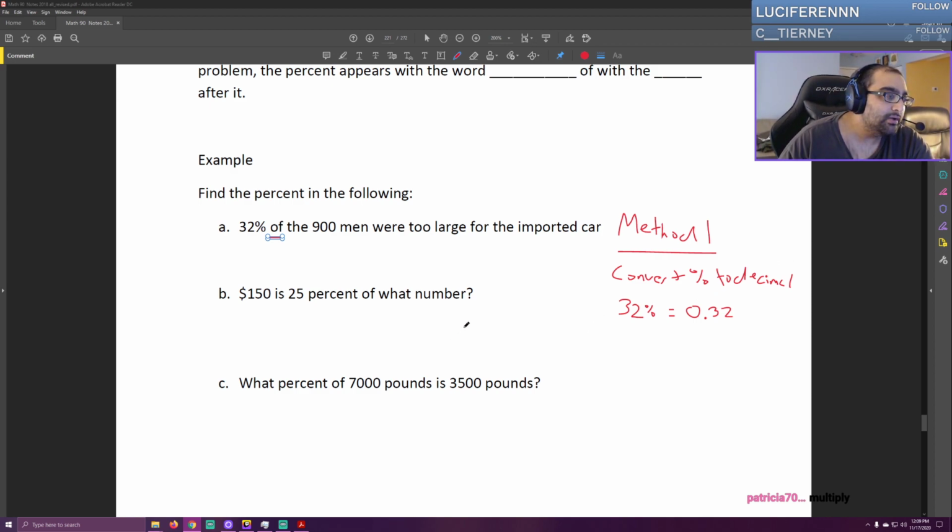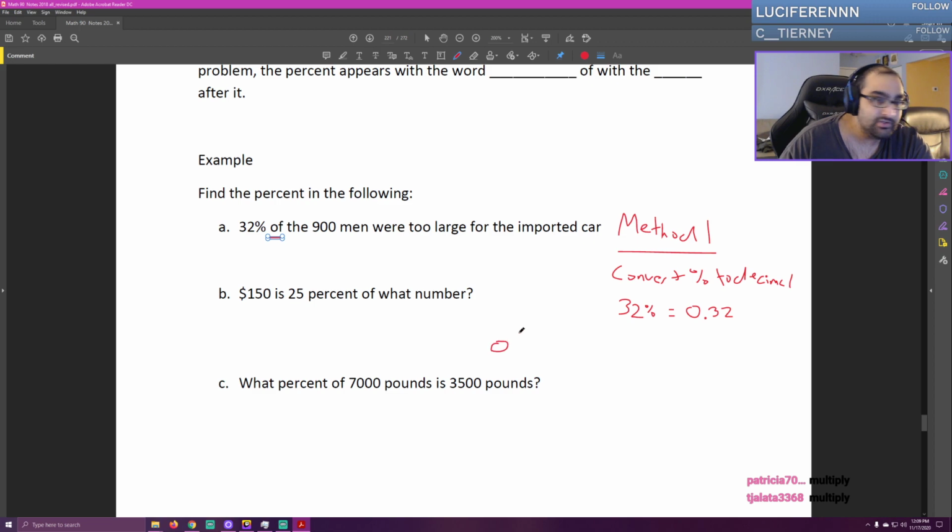So one of the things that we did talk about is that of means to multiply. Our mundane word of, in math language anyway, means to multiply. So what we have here is 32% or 0.32 of, which would mean to multiply by 900, in this case for the 900 men.